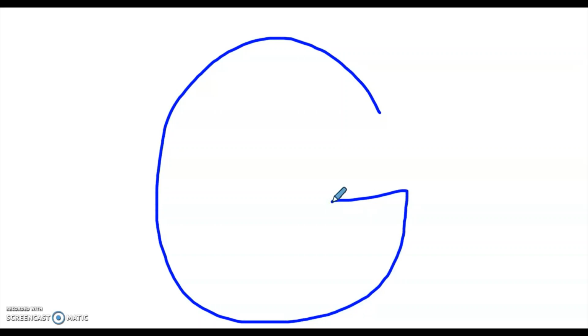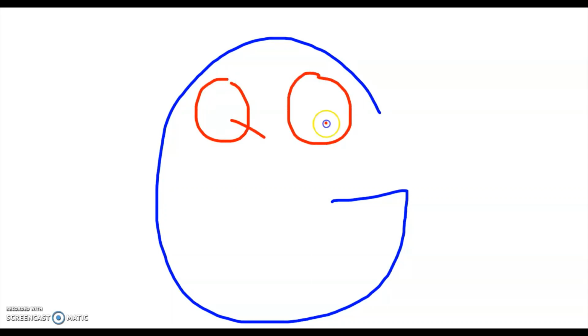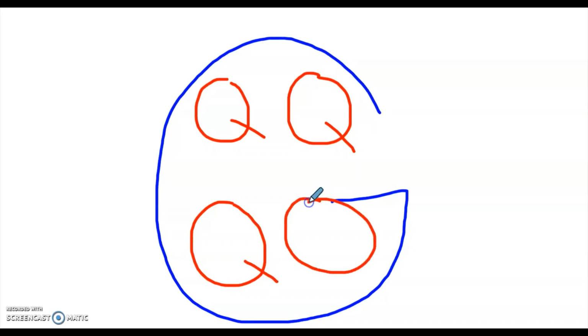That G stands for, yep, it stands for gallon. This G is showing you 1 gallon. Inside of 1 gallon, you have 4 quarts. So I'm going to draw 4 Q's to stand for our 4 quarts that are in 1 gallon.